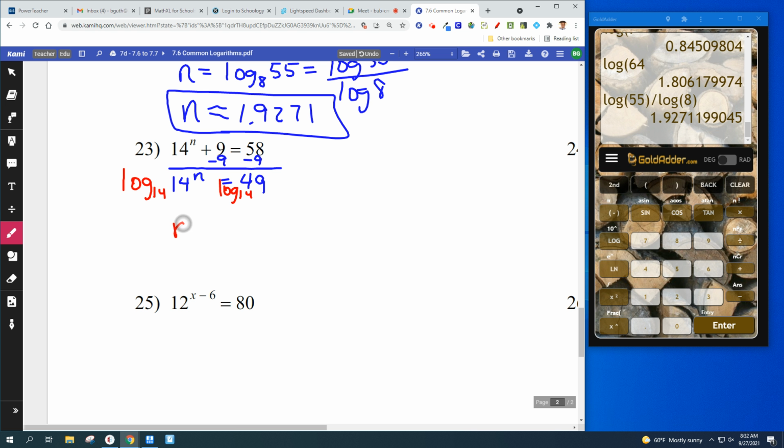And so n is going to equal whatever log base 14 of 49 is. And so we use our change of base, log 49 over log 14, 1.4747.